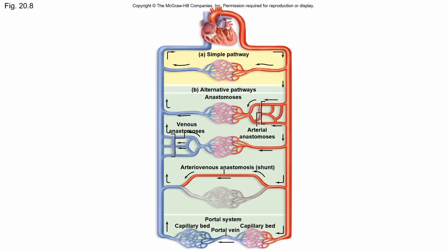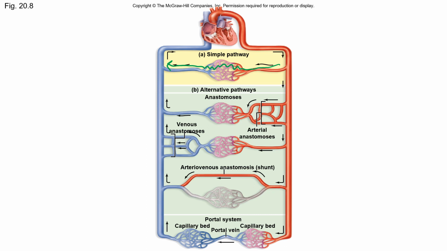Okay, one last note on blood flow pathways. There are simple pathways that just travel through one arteriole, one mess of capillaries, one venule, and we're done.